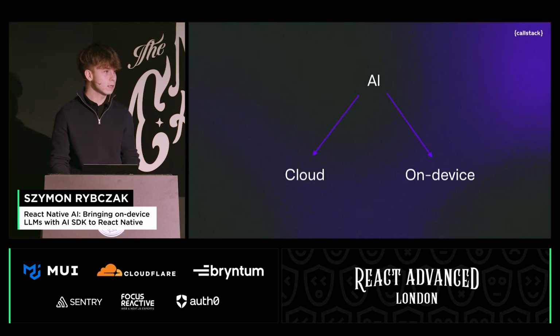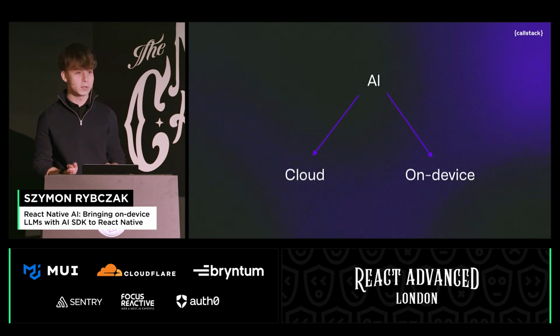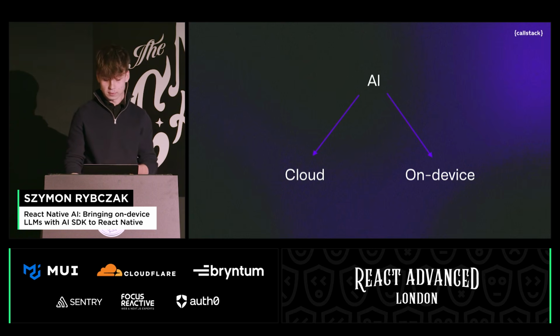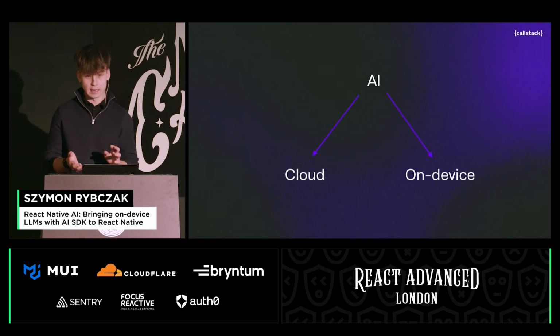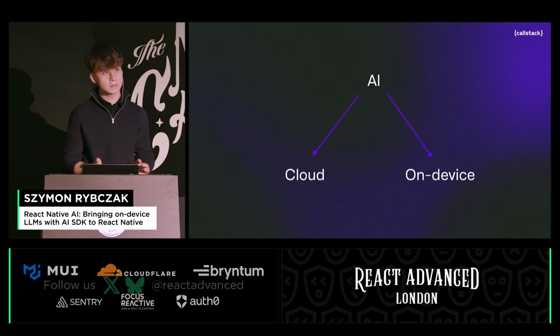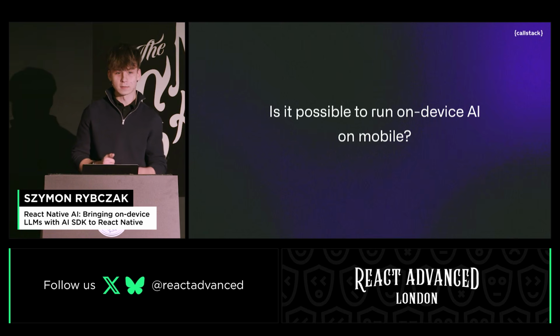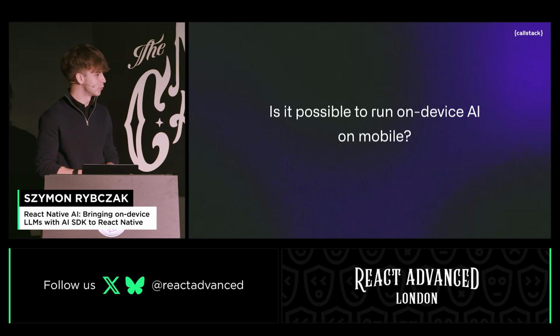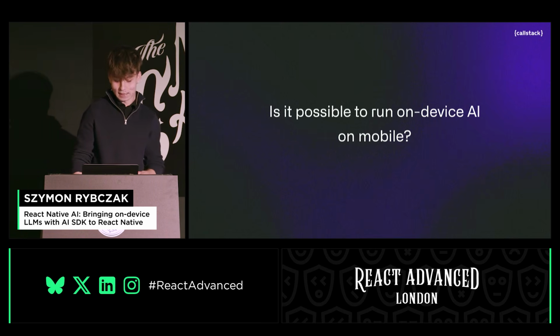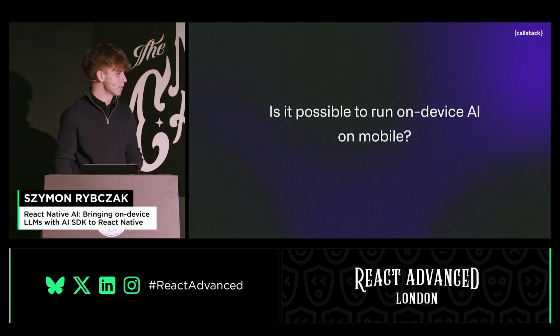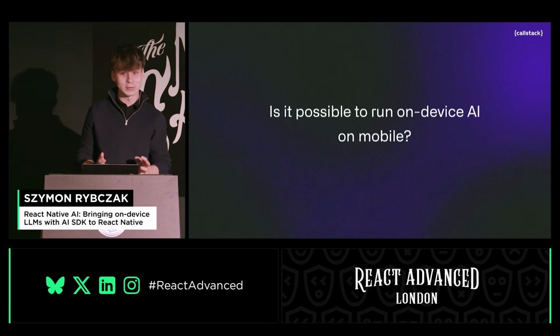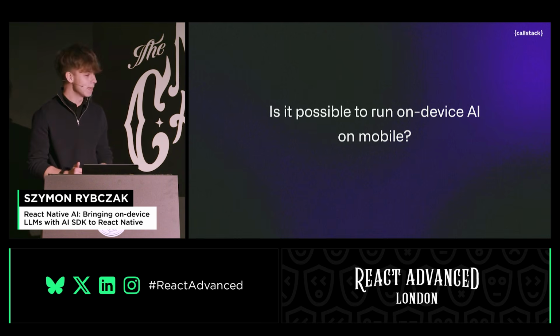And some time ago, last summer, I was wondering, is it possible to run on-device AI on mobile? For past 4 or 5 years, I was doing all kinds of mobile apps in SwiftUI, in React Native, and I really love to play with good mobile app. And of course, I'm a React Native developer, so I thought, is it possible to run on-device AI in React Native?